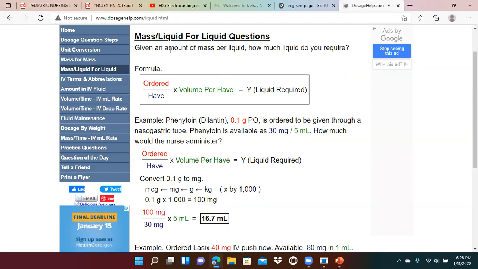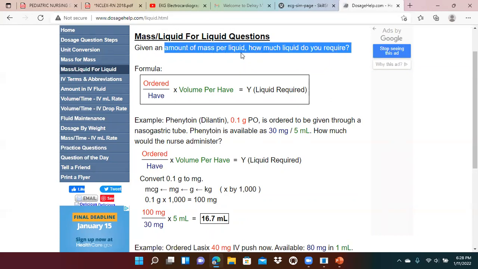So given an amount of mass per liquid, how much liquid do you require? So keep it in mind, amount of mass per liquid. So this is the question: how much liquid do you require?